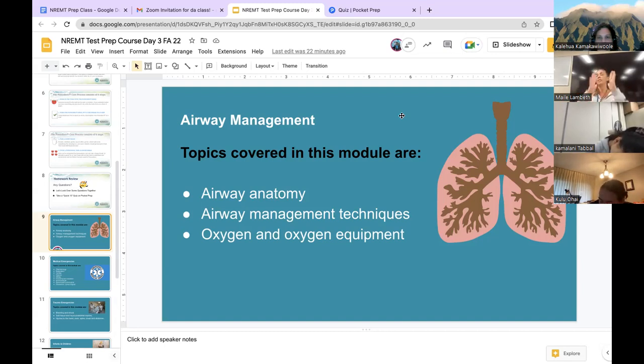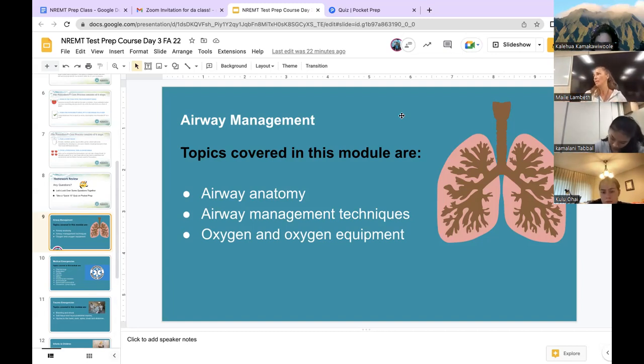I always suggest just have a diagram of the airway anatomy, put it up somewhere so that you guys can look at it, because that is one of the things that they ask a lot of questions about. So know your upper versus lower, what's in each one, how many regions of the lung you have on each side. At least you have something to look at, and look at it as often as possible.